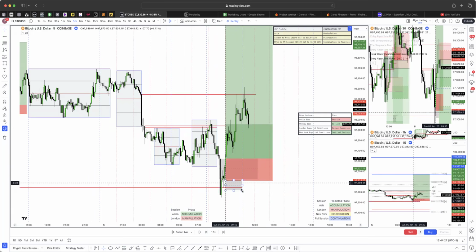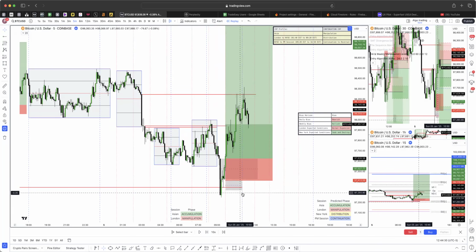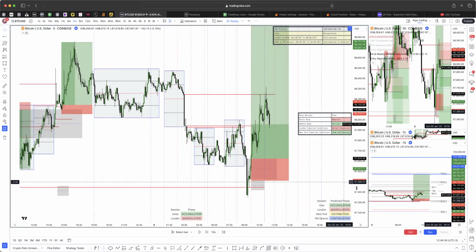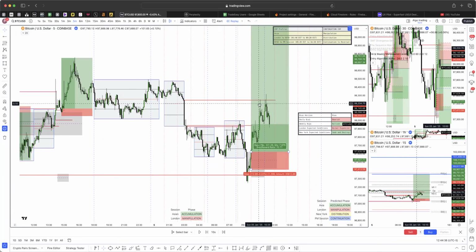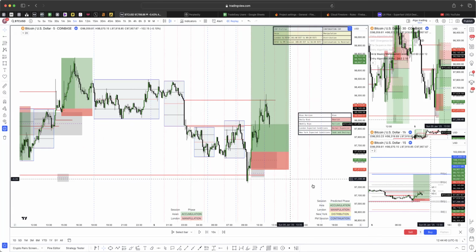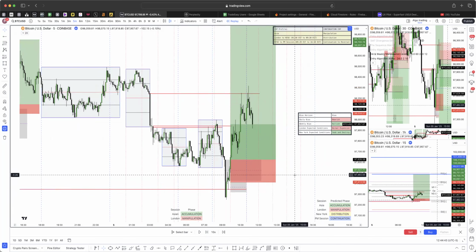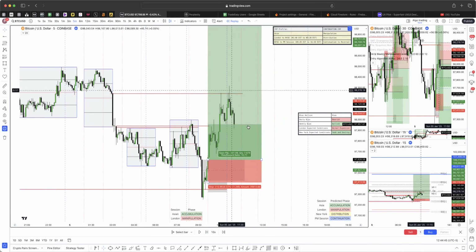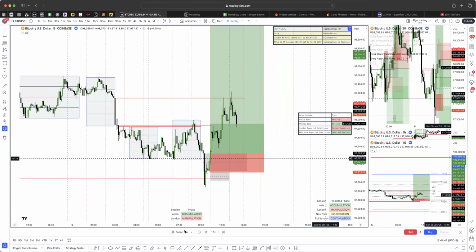The time in which it happened is between that 9:40 and 11 time interval. So if that is an important time interval, and if this is an important price level, then we can consider this an inducement that has been done inside of the macro. And if this inducement is done inside of the macro, then my friends, this buy may not play out.